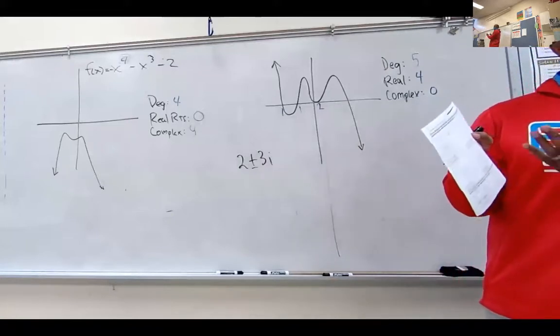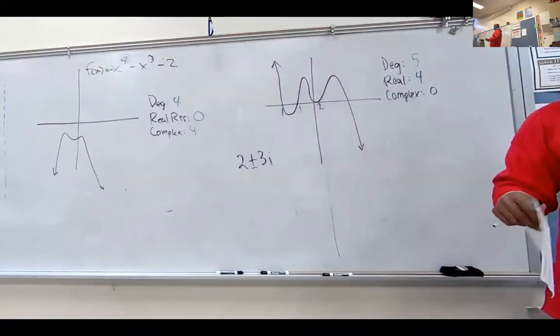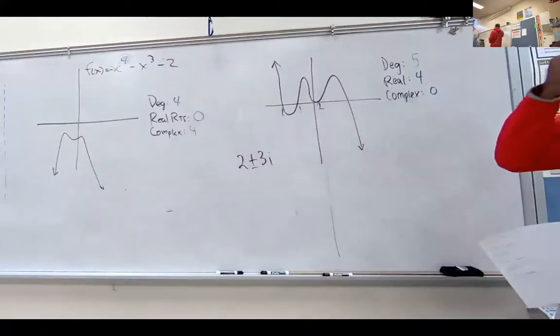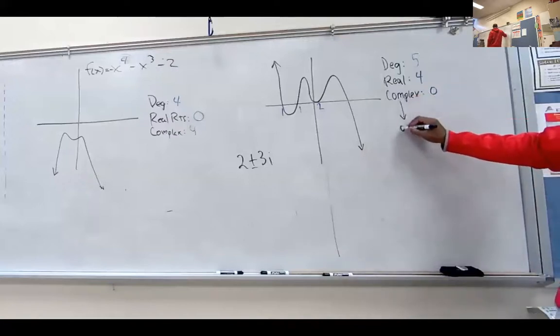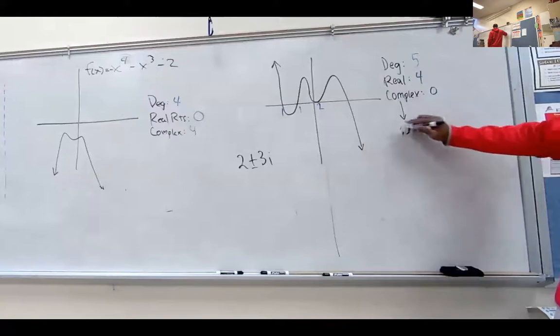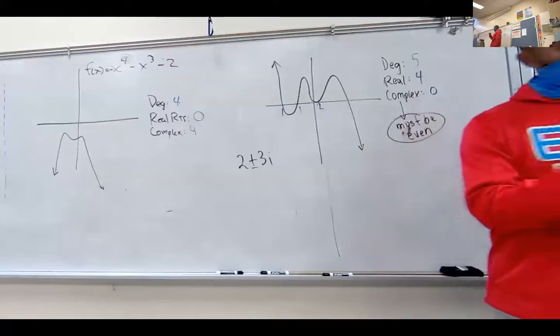So it doesn't mean there's going to be exactly that many roots, but possibly there could be this many. If you're stuck here with complex and you have an odd number left, it won't work. So it must be even. You must have an even number of roots for the complex.